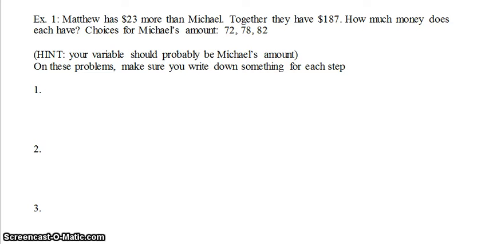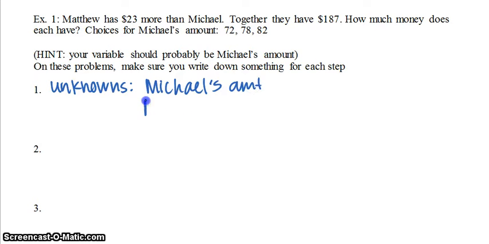This is our plan. So Matthew has $23 more than Michael. Together they have $187. How much money does each have? Choices for Michael's amount are 72, 78, and 82. So we first read the problem, and our unknowns are Michael's amount and Matthew's amount.